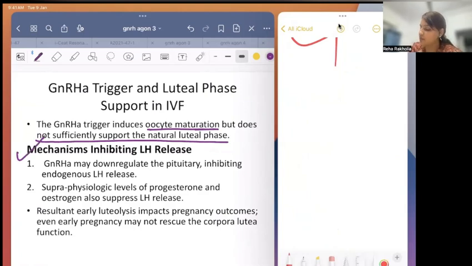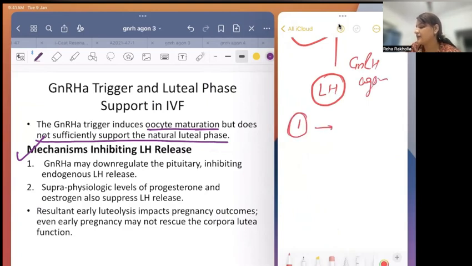Now, the mechanism of inhibiting LH release. What is the mechanism for inhibiting LH release? There are two mechanisms of inhibiting LH release in GnRH agonist trigger. First, after a flare effect, it starts having a down regulation action.